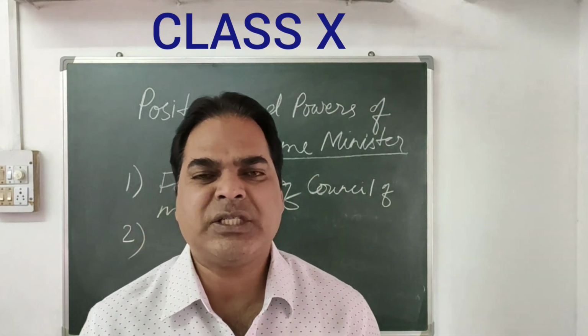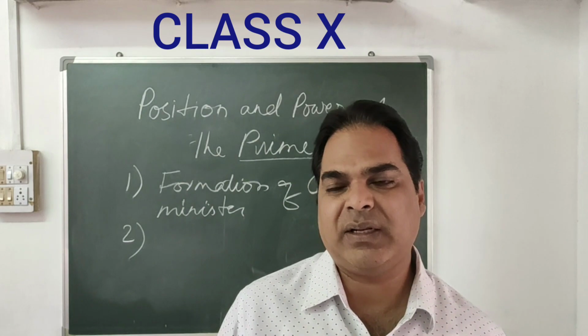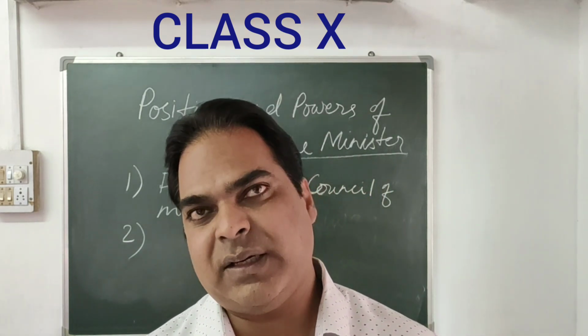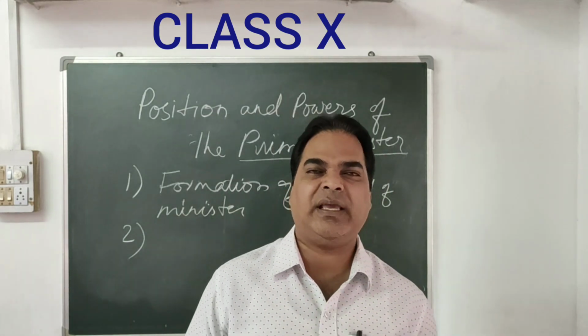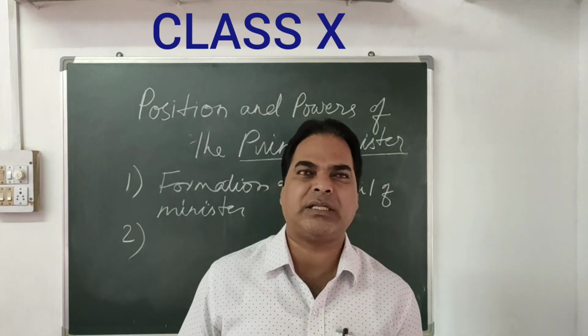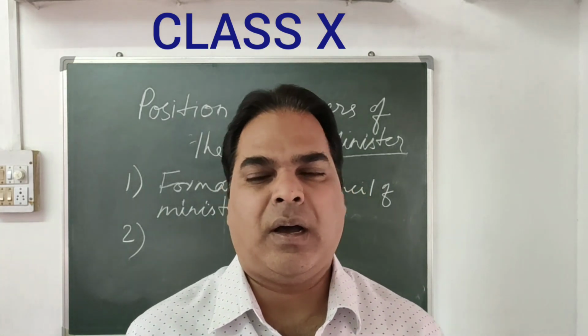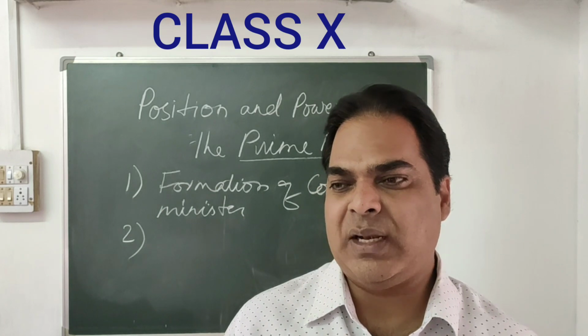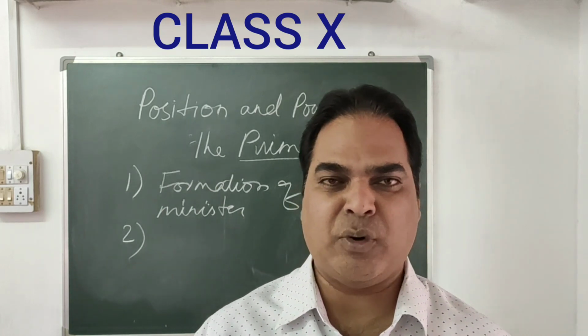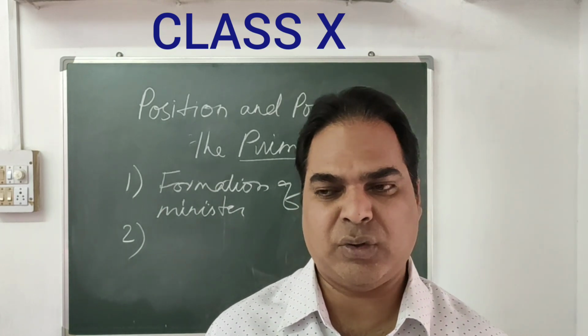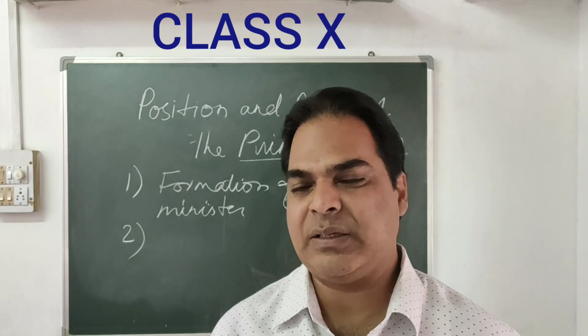But in a coalition government, he takes the advice, or we can say he consults the other party members while allocating portfolios, because their support is also there to run the government, so their involvement in the decision making is also given.